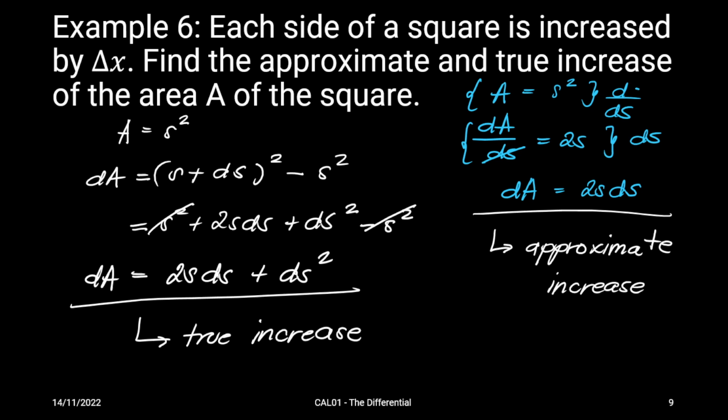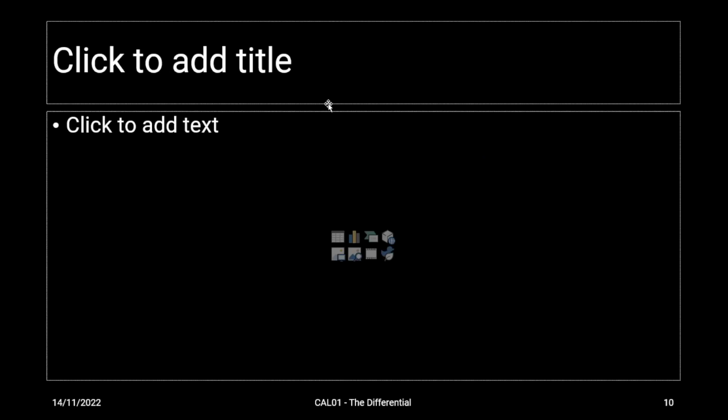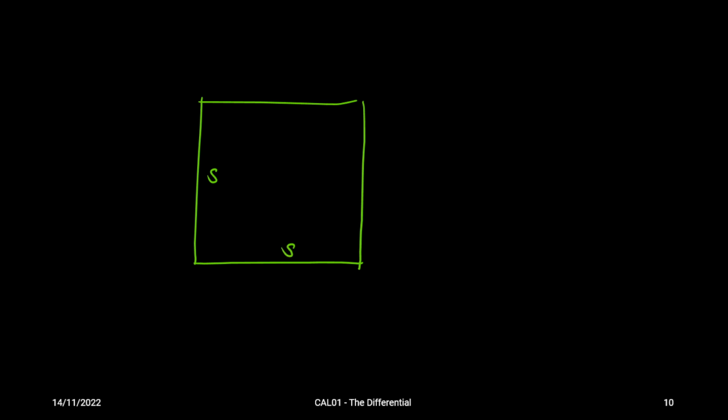Say, let's have a graphical figure to represent what we solved earlier. Say this is our original square. So this is S, this is S. Then, as we said, we add a small change at the top and at the bottom.